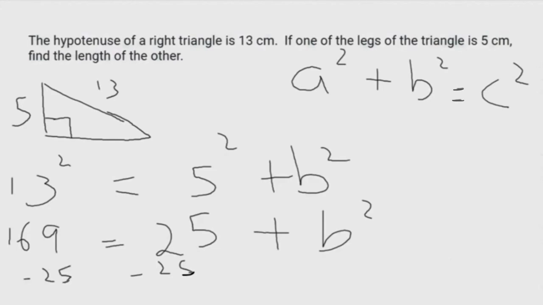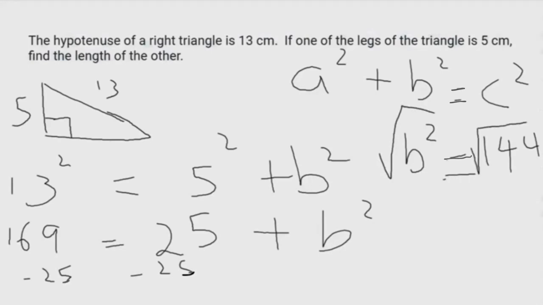So that gives us b squared equals 169 minus 25, which is 144. And again, we want to find the length of the side b, so we're going to square root here, square root here, so we get b equals 12. So the answer is 12.